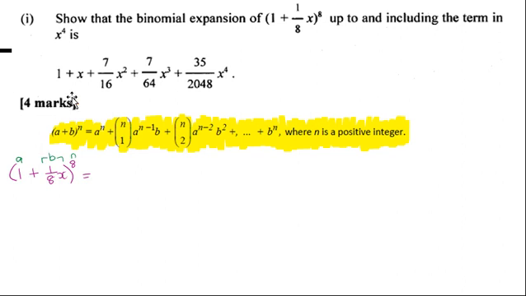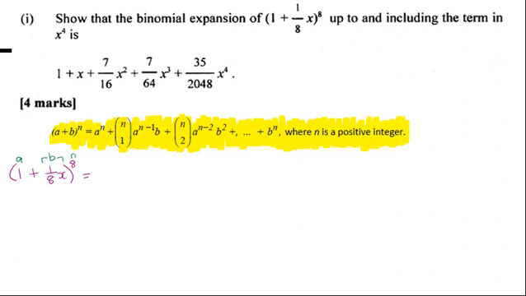And we're just going to take those numbers and plug them into the formula, and we're going all the way up to the x to the 4th term. When we expand this, the last term would actually be the x to the 8th term, but all they require of us in this case is to go to the x to the 4th term. So that is where we will stop.